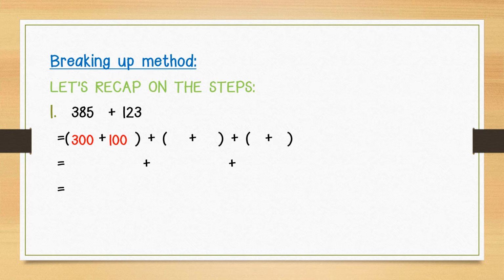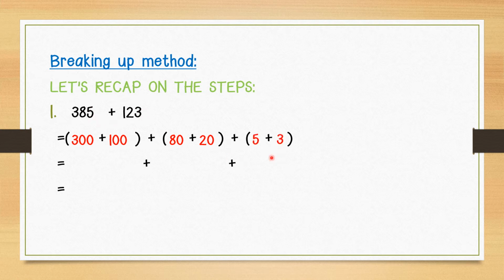From 385, we're going to take 80. And from 123, we are going to take 20. So 80 plus 20. And now we are left with the last numbers, which is the units column, which is the 5 and the 3.